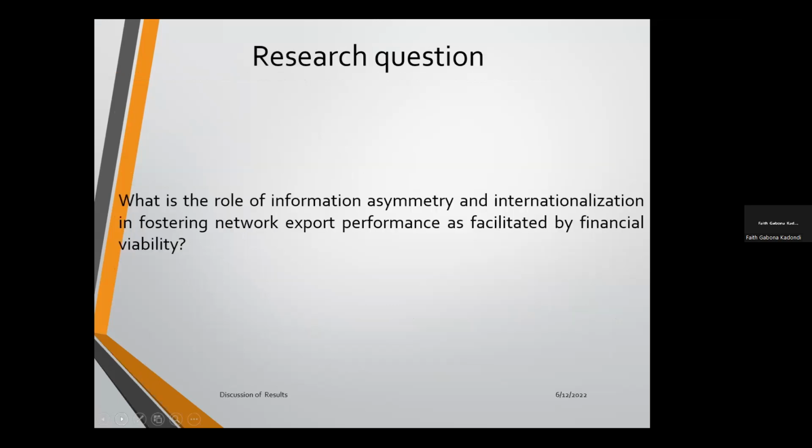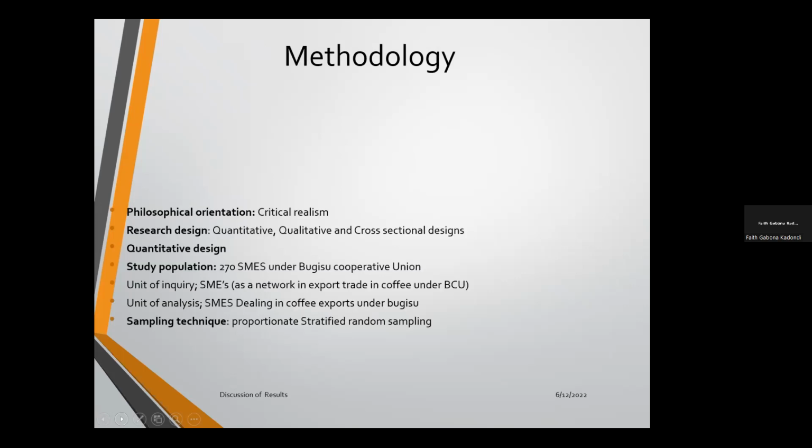My research question is, what is the role of information asymmetry and internationalization in fostering network export performance as facilitated by financial viability? The methodology I intend to use in my research is critical realism, which is a branch of philosophy that distinguishes between the real world and the observable world.